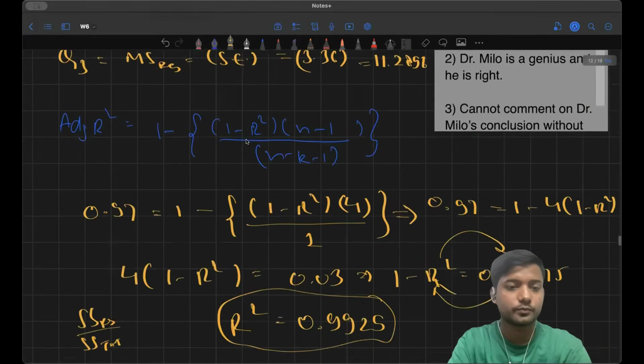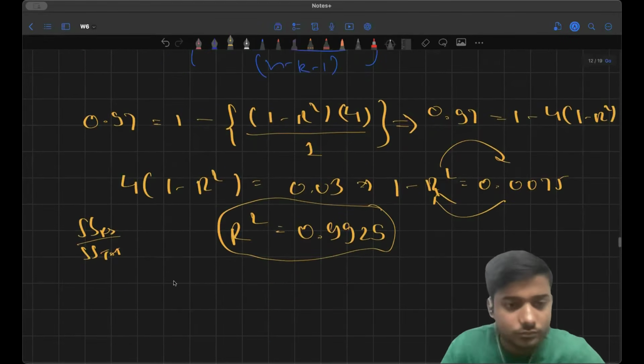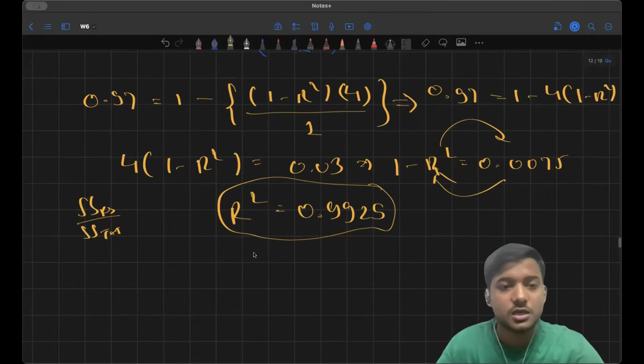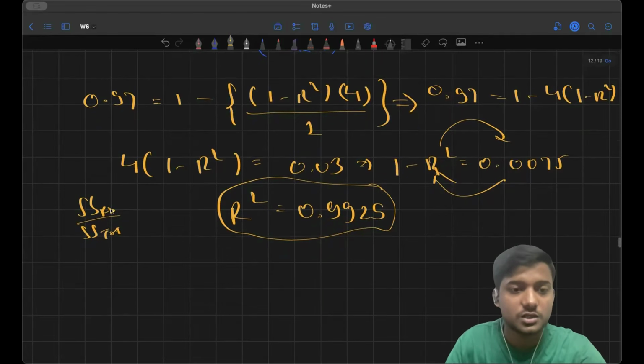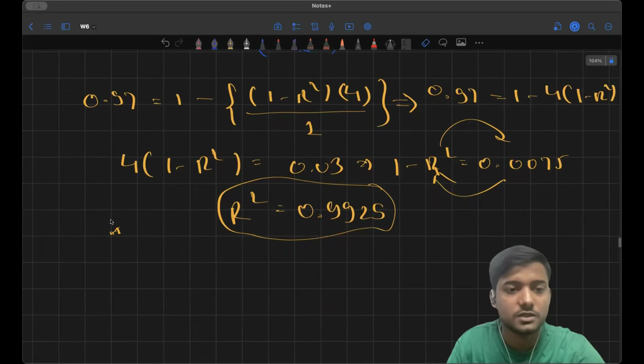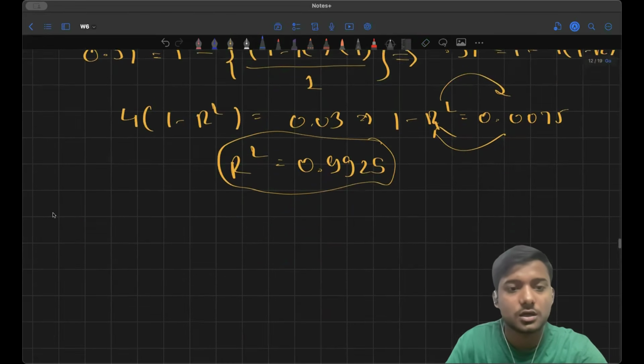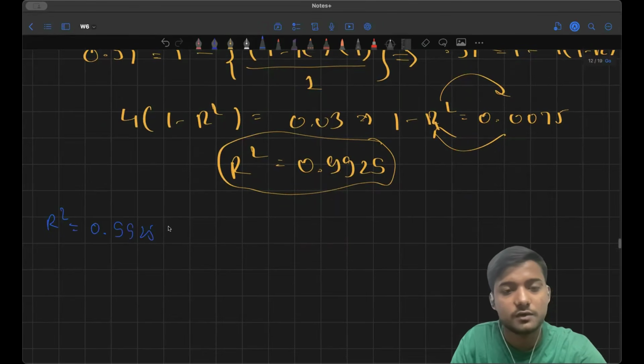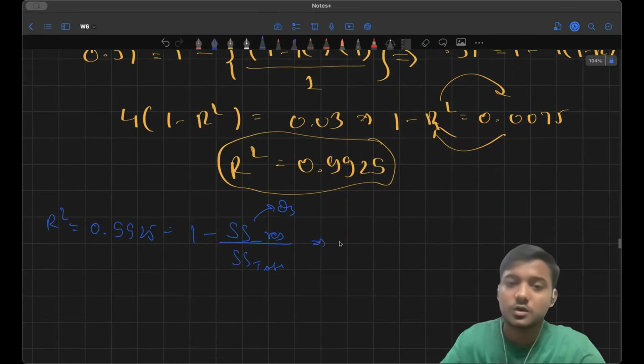Okay, from here, we also know sum square residual. So this was regression, so let me use this. We know R square is 0.9925. What is R square? 1 minus sum square of residual upon sum square total. Sum square residual is basically your Q3, which we know. So from this, we can actually use sum square total, right?